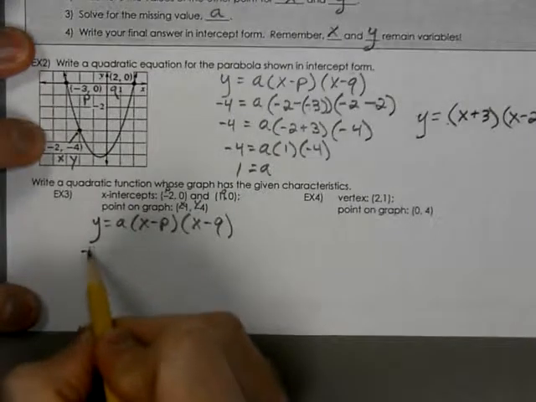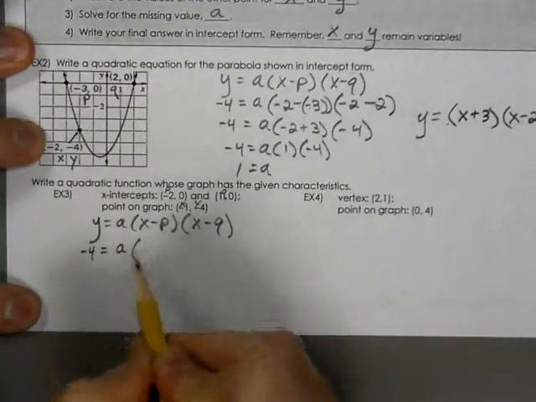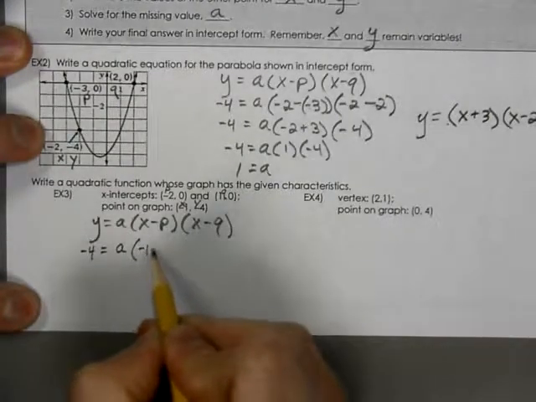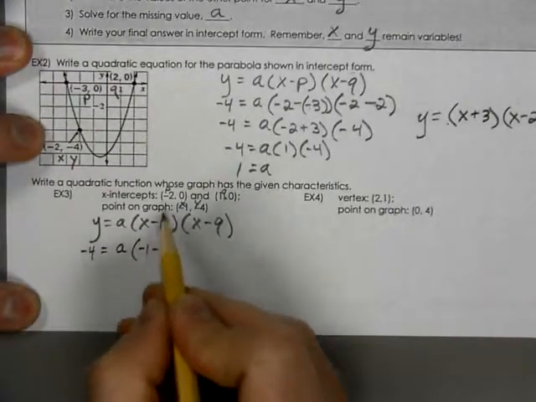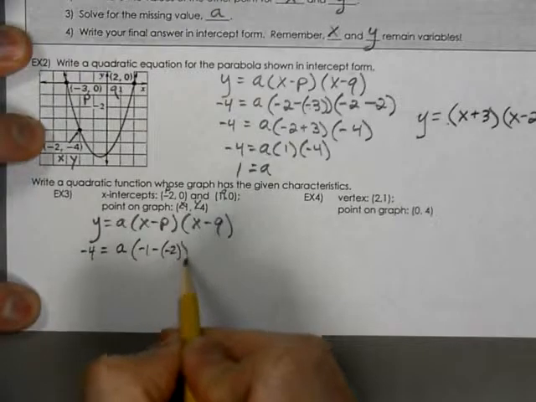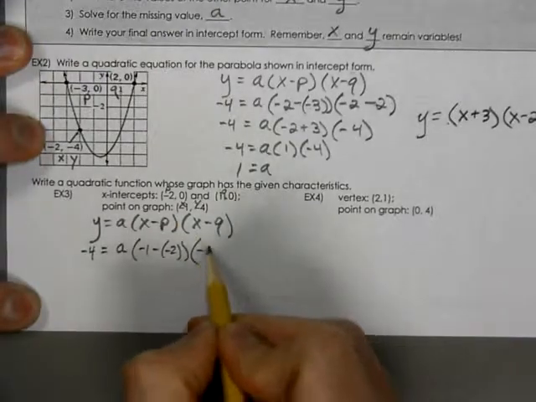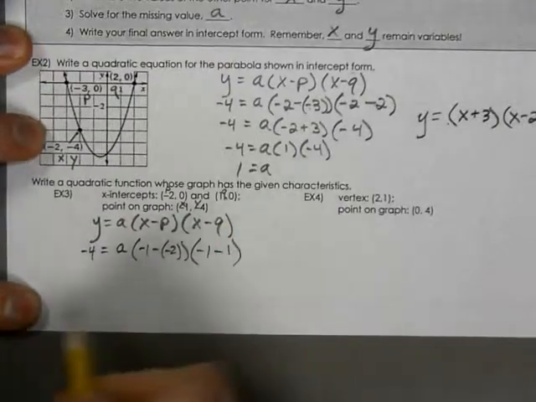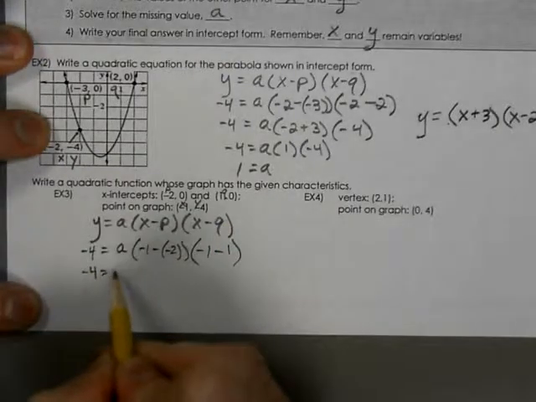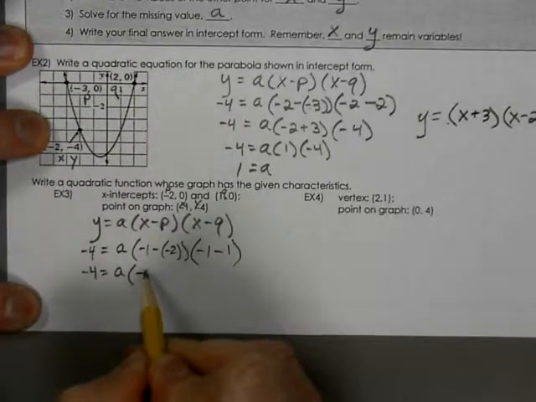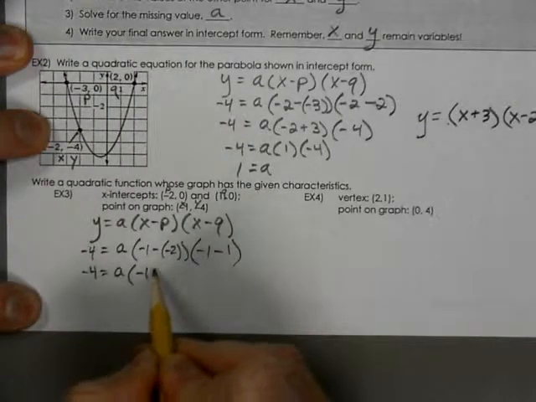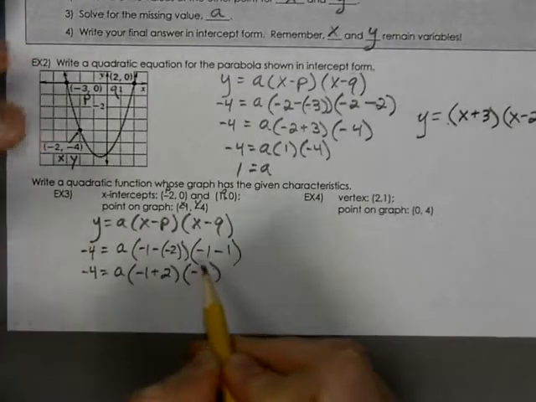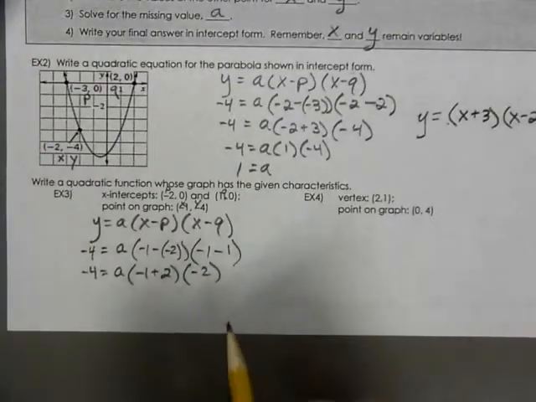So our Y value is -4, the X values -1, minus, the P value is -2, the X again is -1, minus, and the Q value is 1. -1, a negative and a negative make a positive. -1 and -1 make -2.